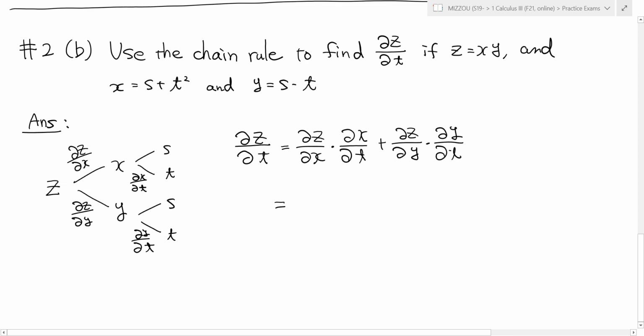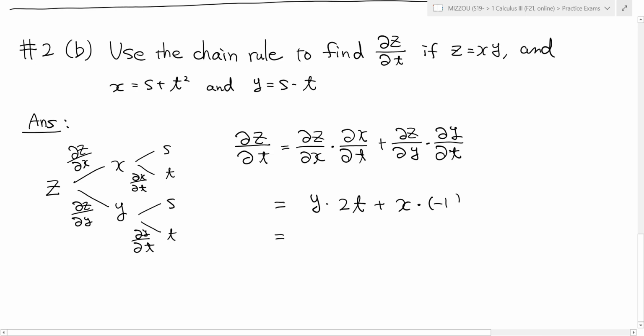So you compute each of those. Partial z, partial x is y, and partial x, partial t is, you differentiate this with t, you get 2t. Now partial z, partial y is x, times partial y, partial t, that's negative 1. And then you want to express everything in terms of s and t.